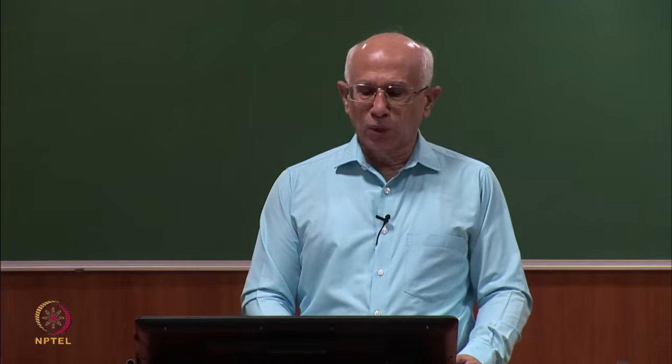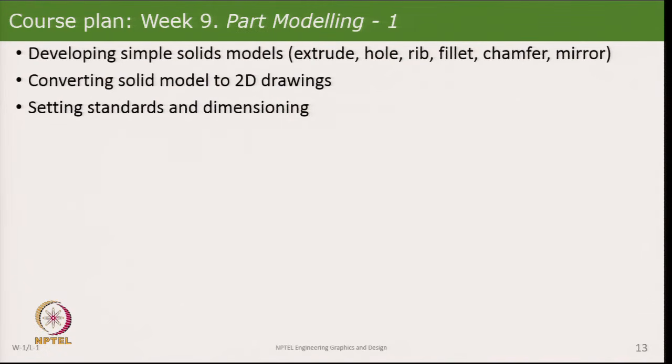Weeks 9 and 10, we will look at part modeling and various features by which we make parts. This would be largely for mechanical parts. We will come across various terms that are used in these packages, and see how using this I can make a part.